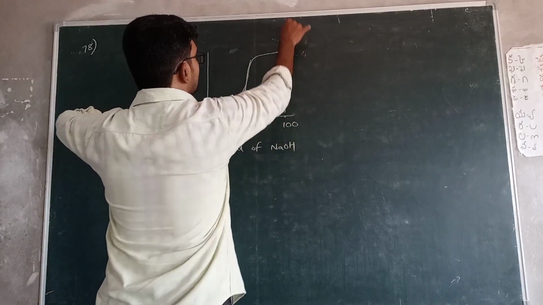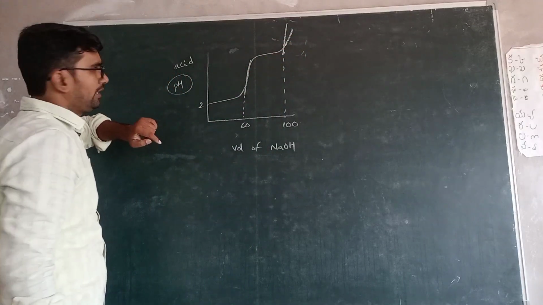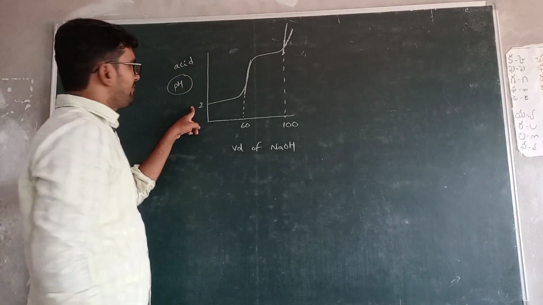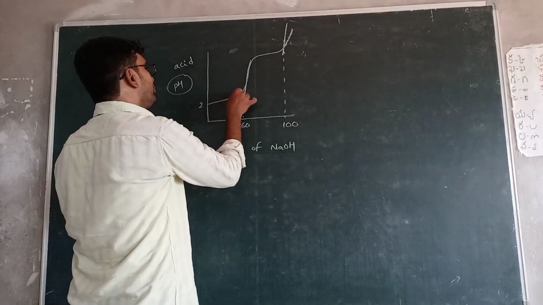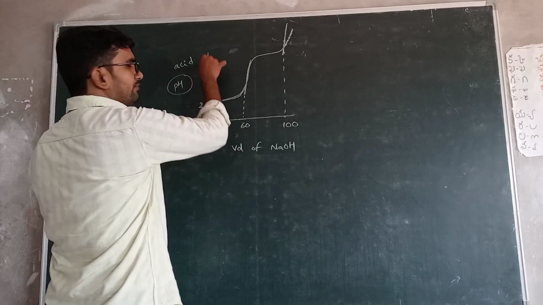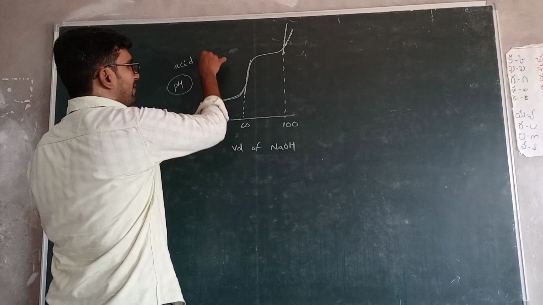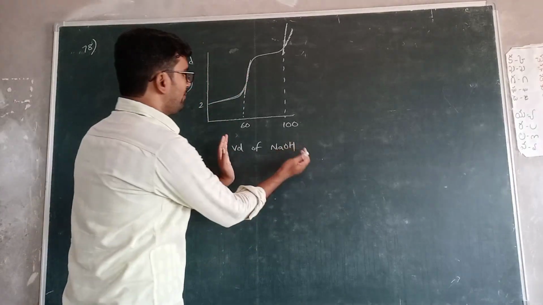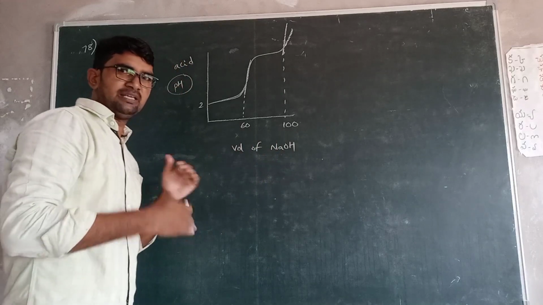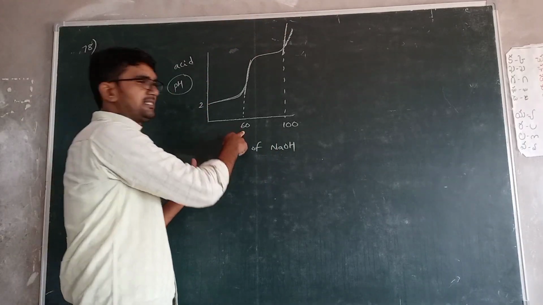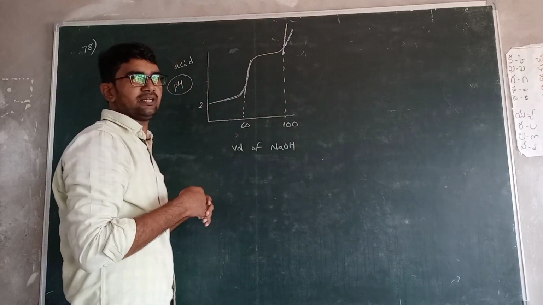At 100 ml, another straight line is coming. The acid pH value is 2. As the graph moves up, pH value increases: 3, 4, 5 like that, means acidic strength decreases. Why? Because on addition of NaOH, basic nature increases. If 60 ml is added, basic nature increases; 100 ml means more basic nature.